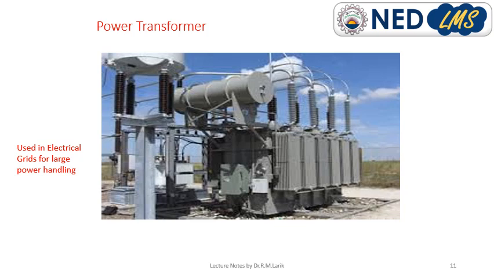Our generation is 11 to 22 kV, and our high voltage transmission is 132 and 230 kV, which are the networks in K Electric throughout Karachi. We have one network of 500 kV, which goes from Hubco power station to Jamshoro. These are extra high voltages, and they are handled by power transformers.